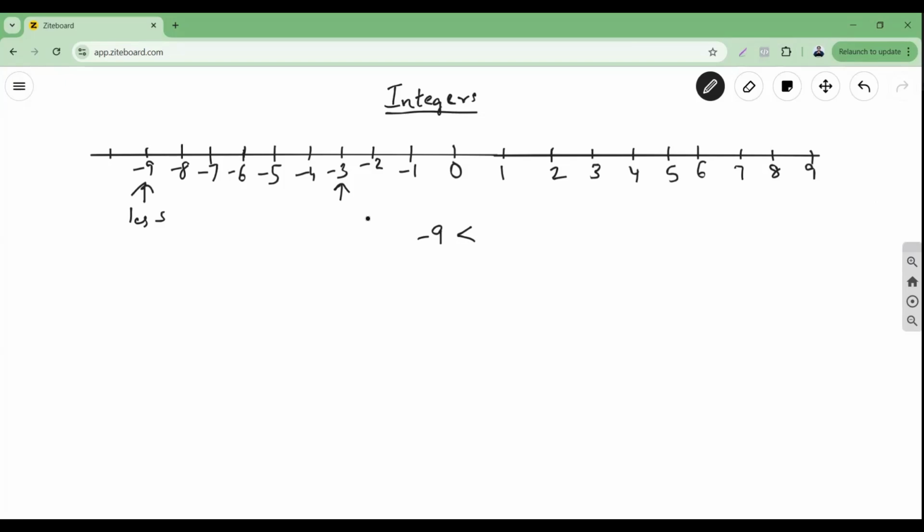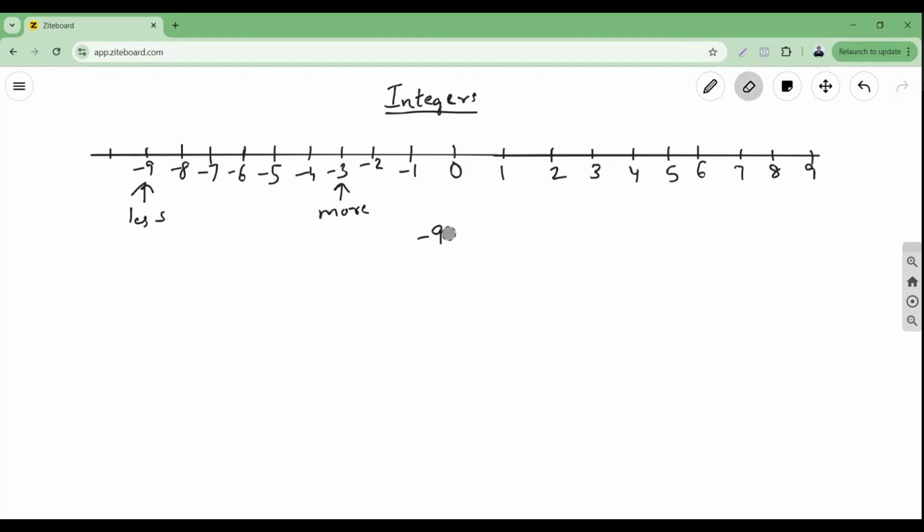If I'm comparing the -9 and -3, whatever is there to the right side is always more. So -9 is lesser than -3. So that's all the concept. As you place those numbers on the number line, whichever is to the leftmost, that number is going to be lesser than the other numbers. Simple. Same concept as we used to follow for positive numbers.